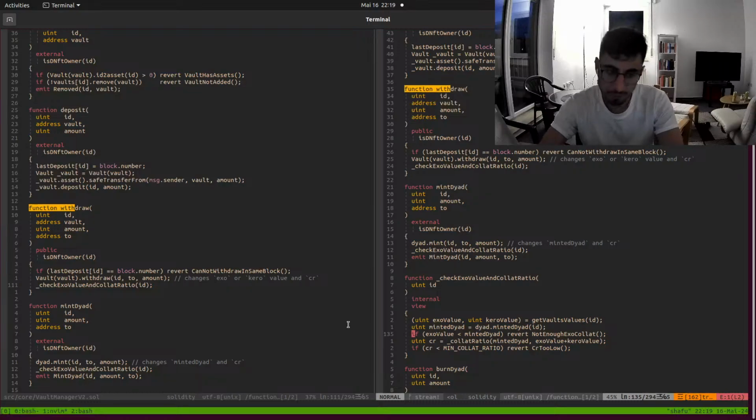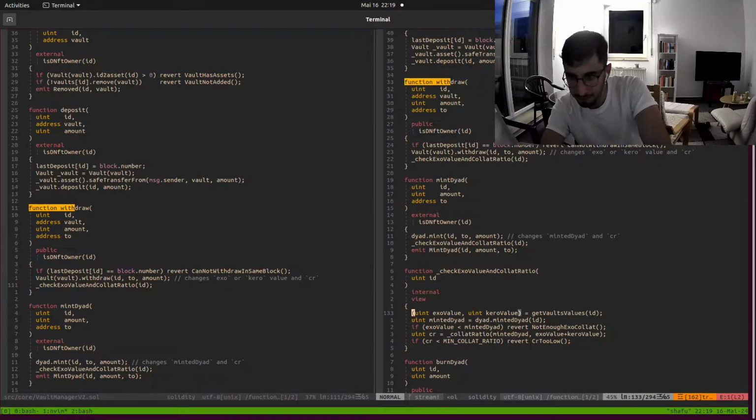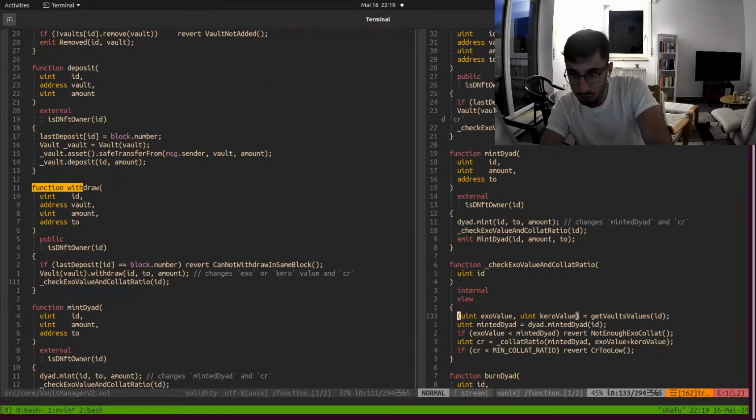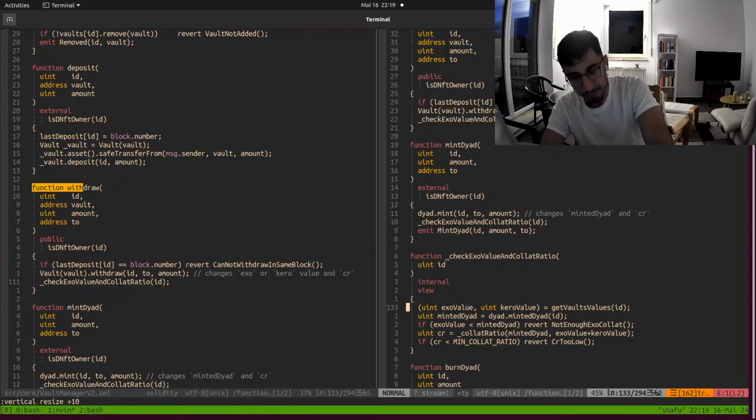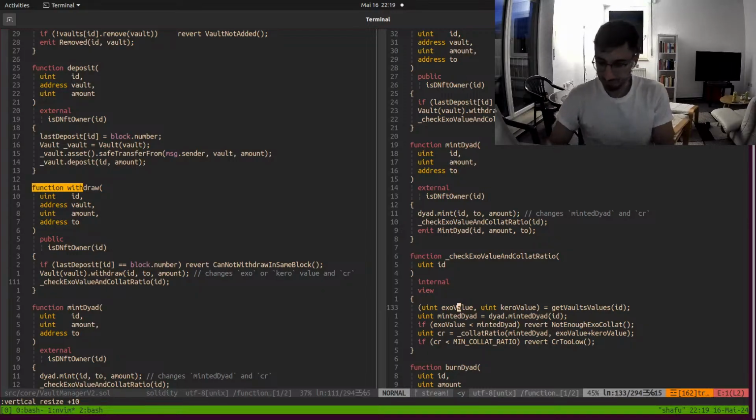So we do the withdrawal, and then we get vault values, and this gives us the exogenous value and the kerosene value after doing the withdrawal.